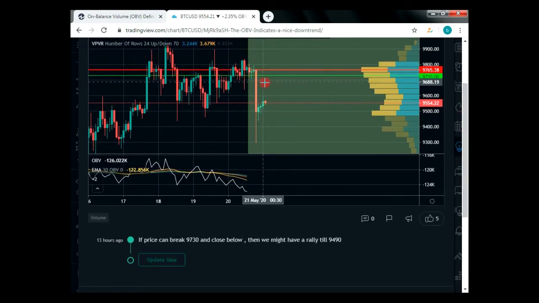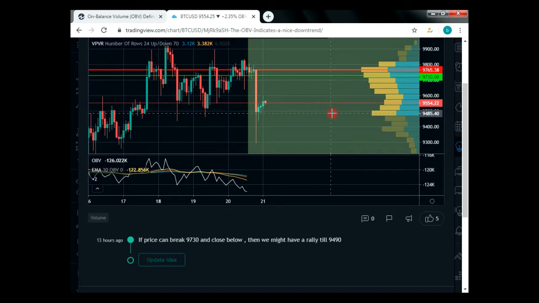As you can see, this was the future, and 13 hours ago I said if price can break 9,730 and close below, then we might have a rally down to 9,490. Let's find 9,490. It's right about here.